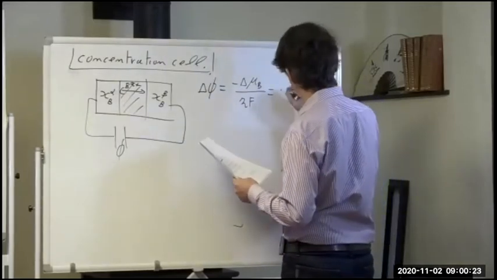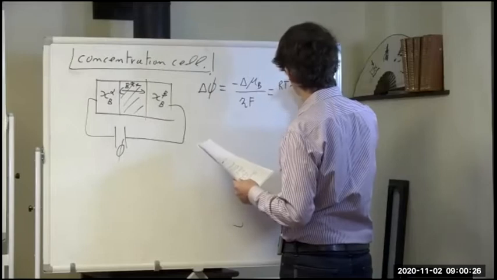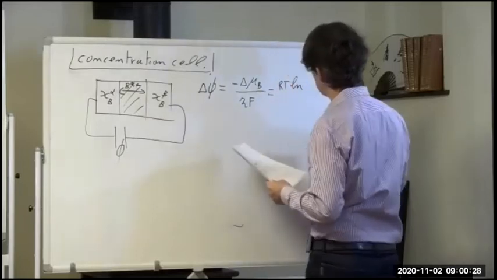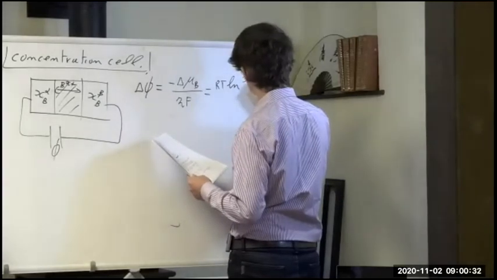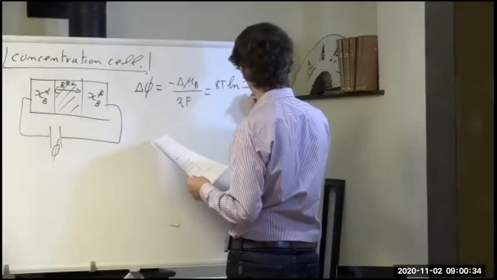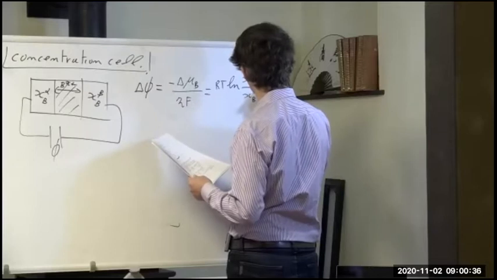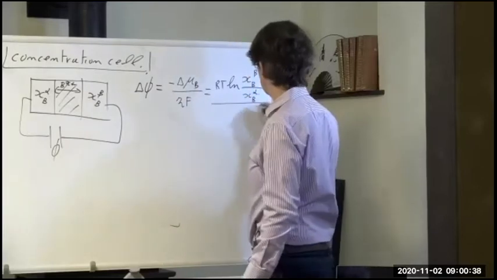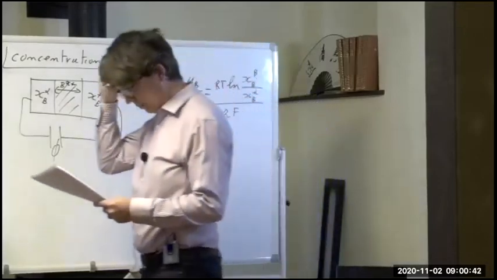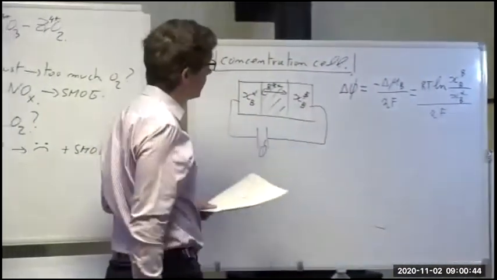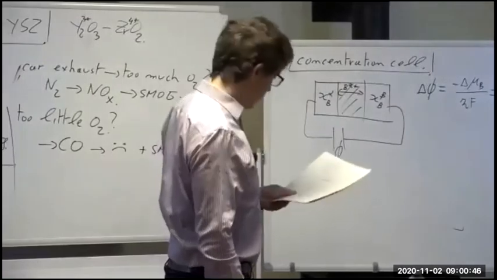So this is RT log of the ratio of the concentrations, divided by ZF. Let me put some real numbers on there.